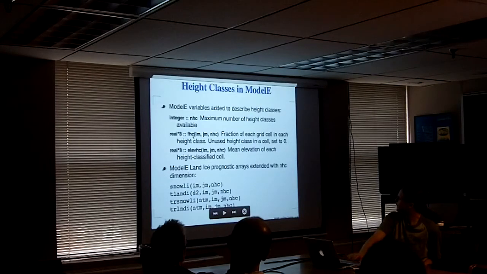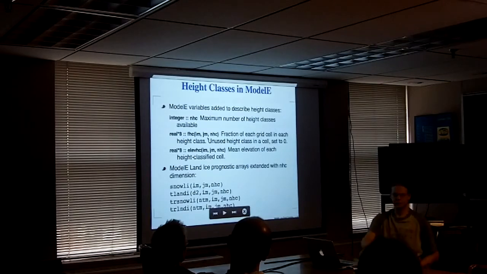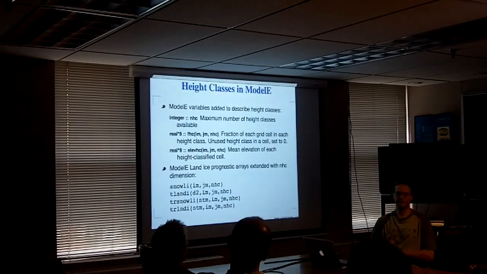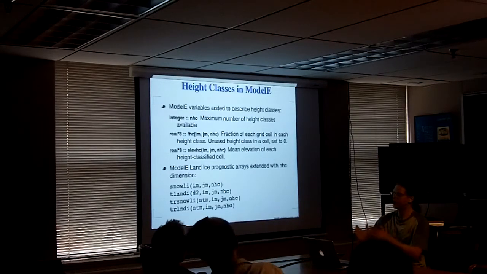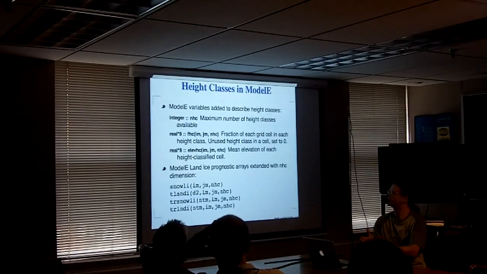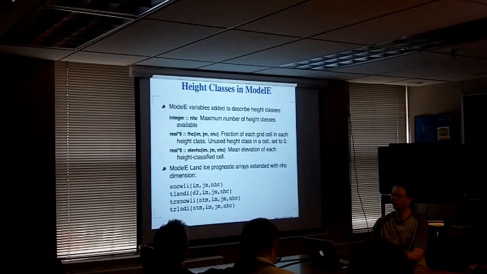FHC is the fraction of each grid cell in each height class. So you need to have some high resolution elevation model and define your height classes. Say height class 1 is between 0 and 100 meters, height class 2 is 100 to 400, and so on. Once you've defined these height classes offline, you can figure out what portion of each GCM grid cell is within each height class.